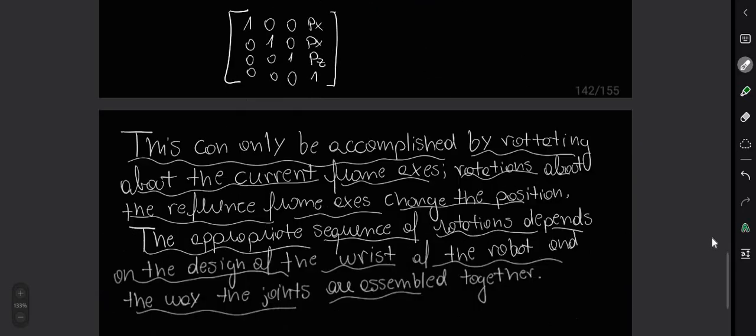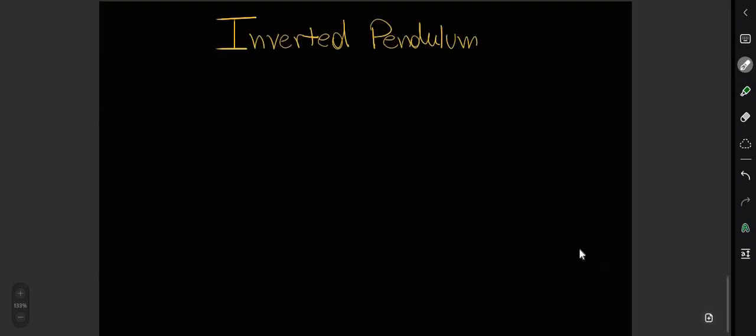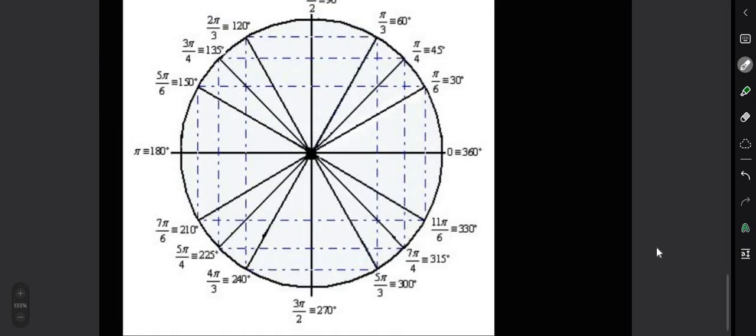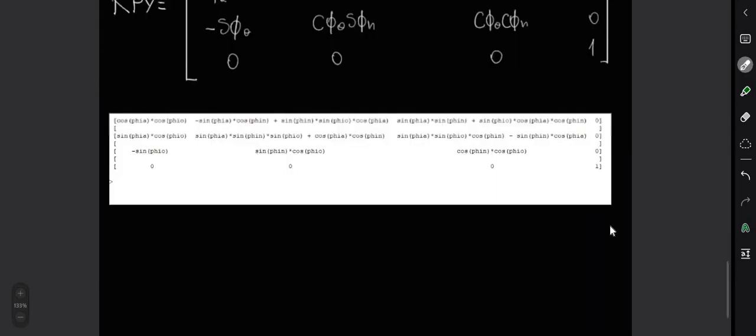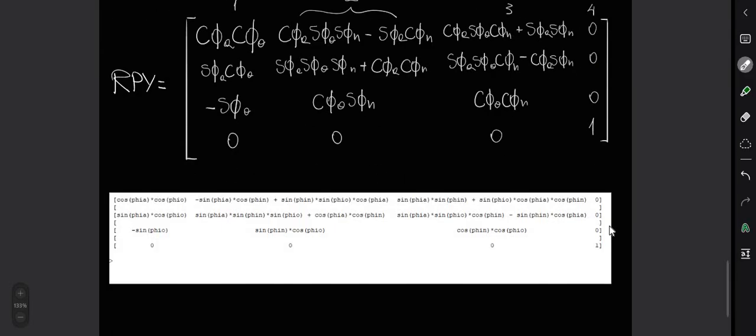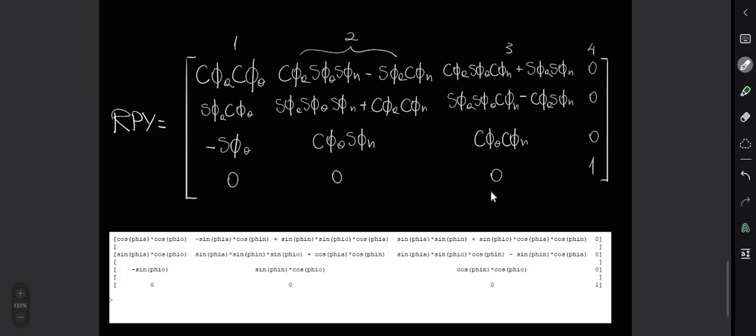And this statement that I have just read to you: the location and the final orientation of the frame relative to the reference frame will be the product of two matrices. Right here, the product of two matrices in a frame relative to the reference frame.